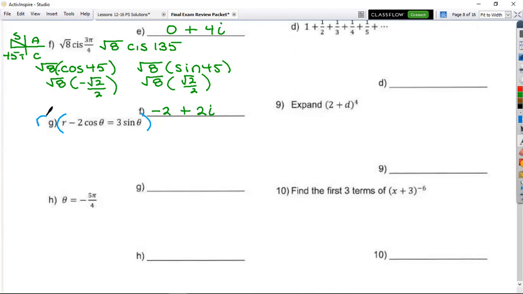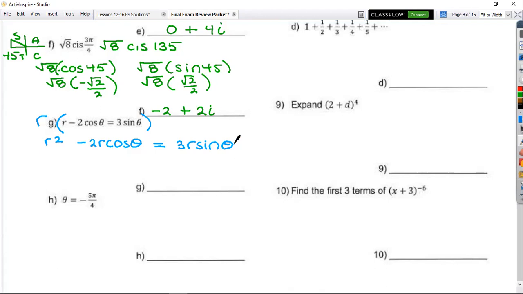So R times R gives me R squared minus 2R cos theta equal to 3R sine theta. And now you're going to look at your formula sheet and you're just going to replace your R's with X and Y instead.